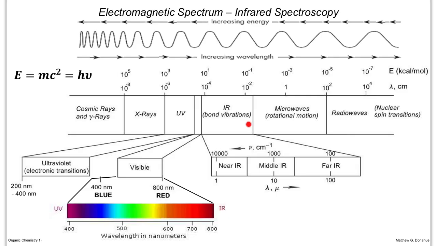From there, we get into infra. So infra means before, infrared. So you see red in the visible region. This is the colors we see visible. So infrared is before red. IR light affects a bond dipole.